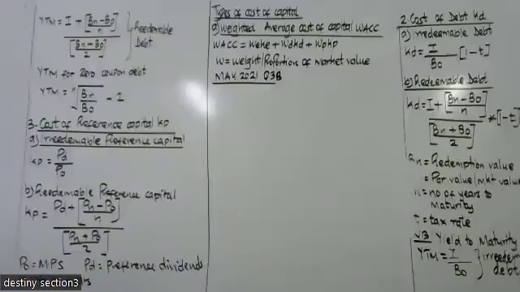Additional information: the ordinary share of the company is currently quoted at 72 shillings per share. The most recently declared dividend was 2 shillings per share and will be paid in a year's time.